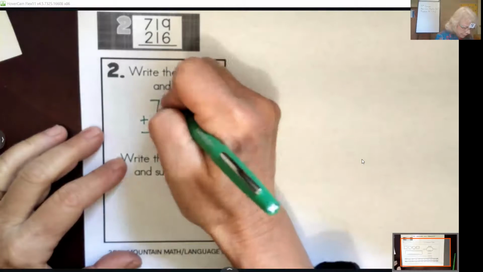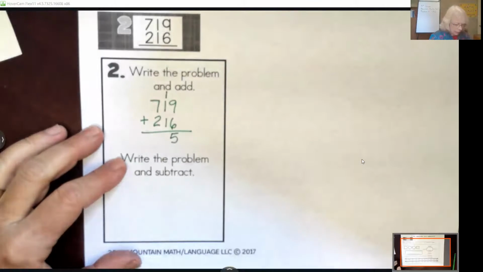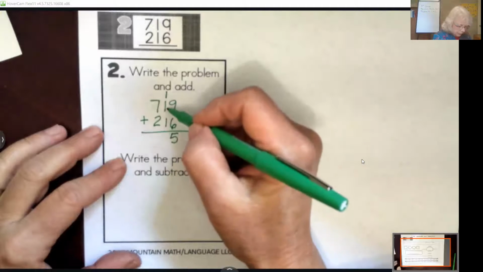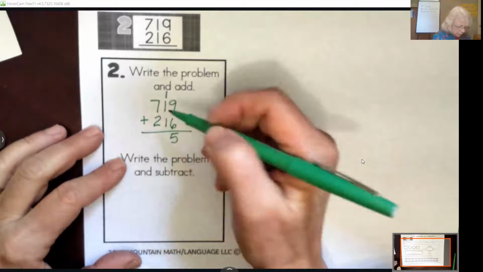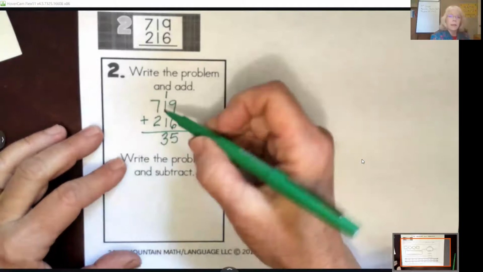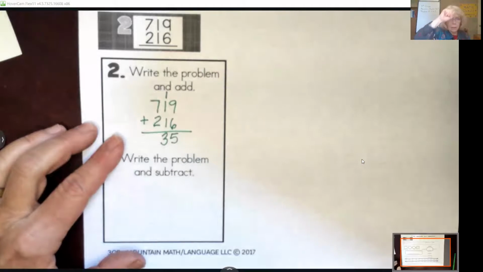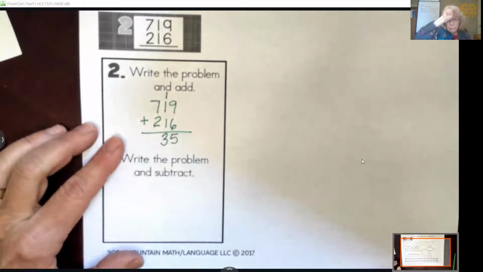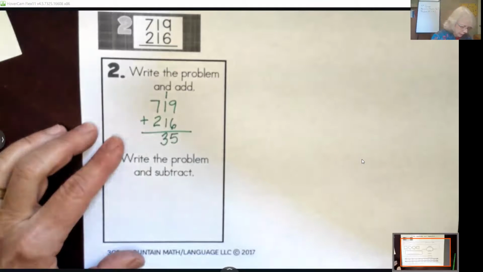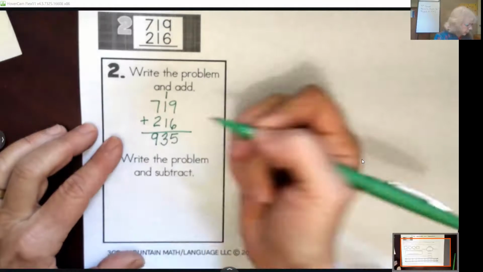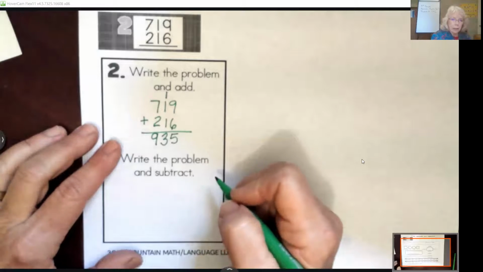I put down my 5, carry my 1. And I have 1 plus 1 is 2. 2 plus 1 is 3. I'm going to go on again to 7 plus 2. This time I'm just going to imagine 7 on my forehead, 2 fingers. So 7, 8, 9 is my sum. So my answer is 935.